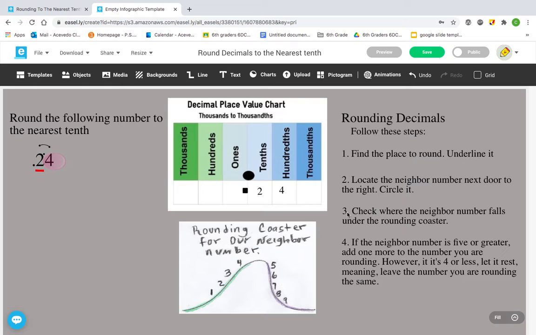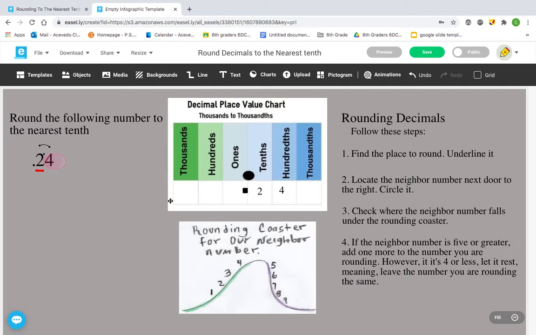And then the next step is check where the neighbor falls under the rounding coaster. So this number 4, where does the 4 fall under my rounding coaster? I look at the rounding coaster on the right, 1 to 4, and on the left, it's 5 to 9.